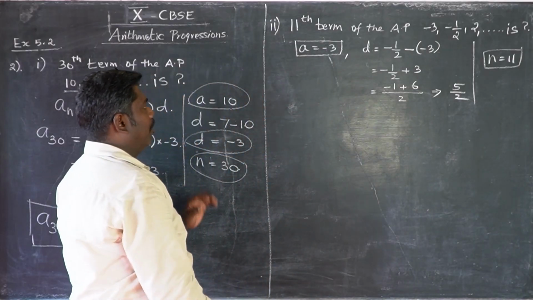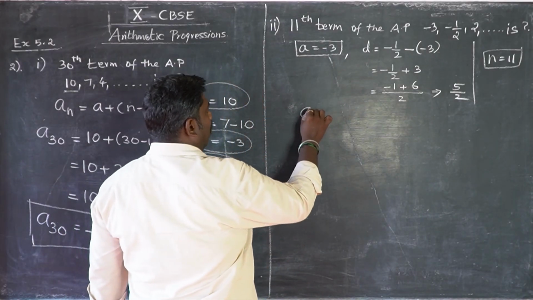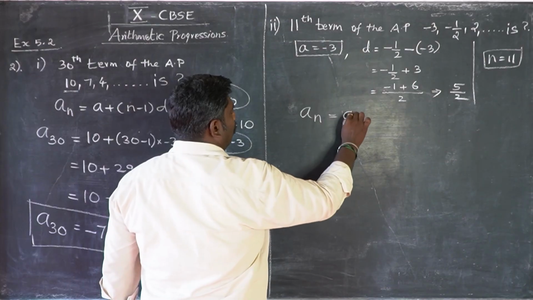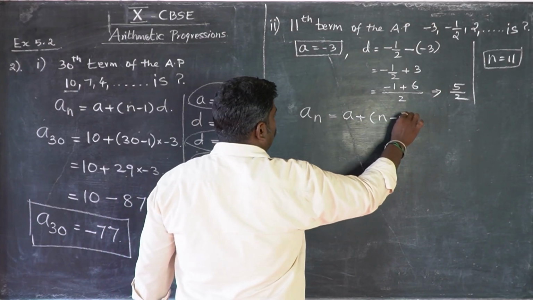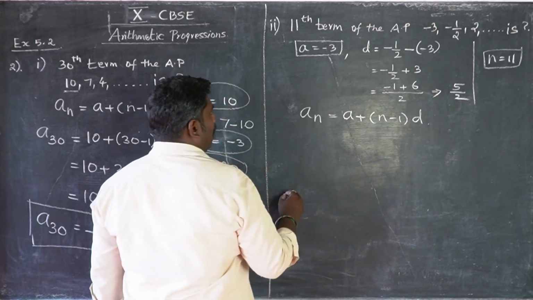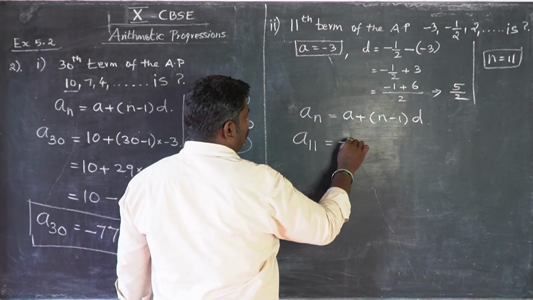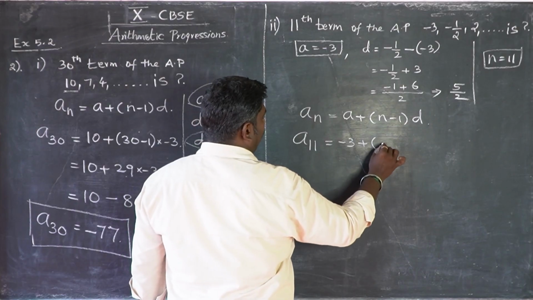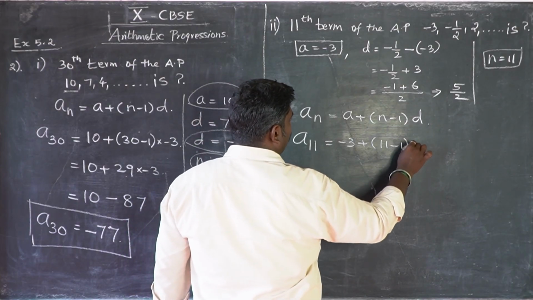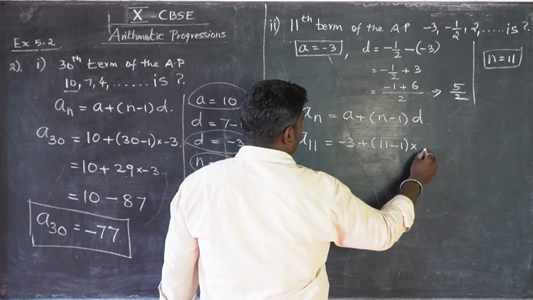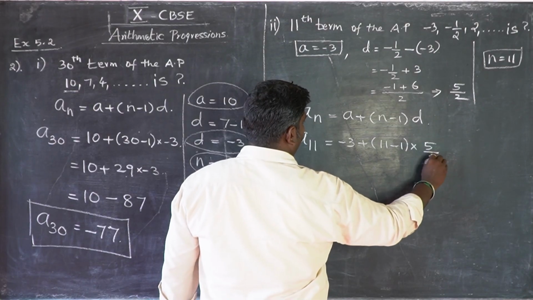So all the data are given. So we know the formula for the nth term. an is equal to a plus (n minus 1) into d. So we are going to find the 11th term. So a value is minus 3. n value 11 minus 1. Common difference 5 by 2.